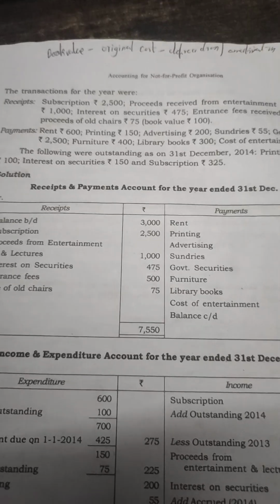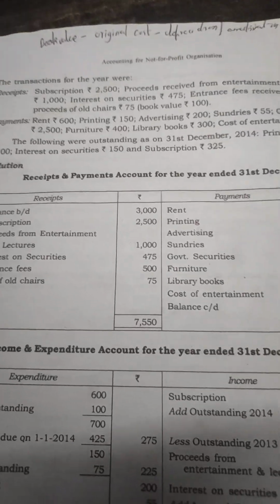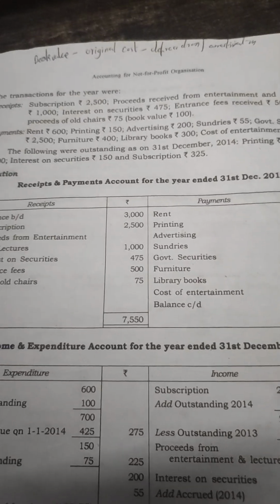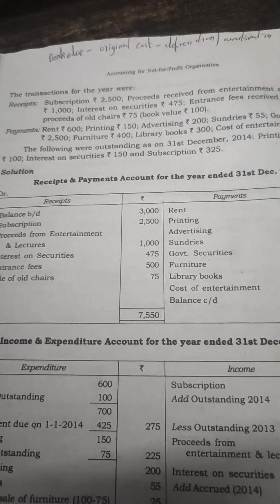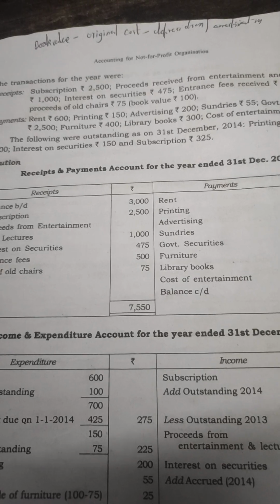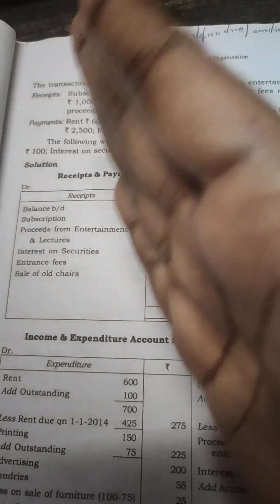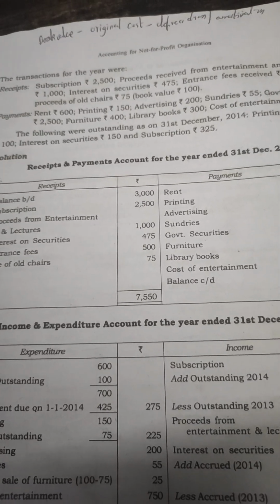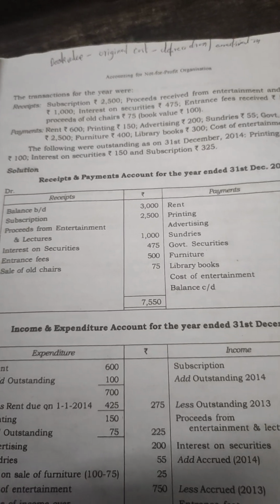So first of all, give a heading: receipts and payments account for the year ended 31st December 2014. Then draw the format of the receipts and payments account. On the debit side come the receipts and on the credit side come the payments.